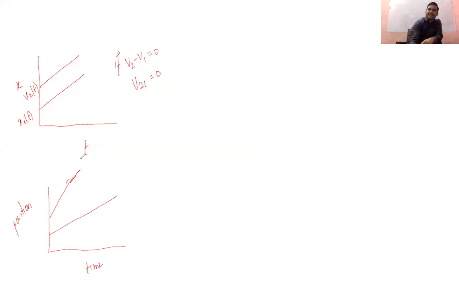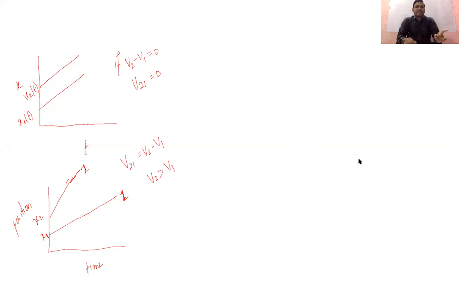If I say this is 2 and this is 1, this was the case of v21, where you write v2 minus v1, and v2 was greater than v1 in this case. This is the position x2 and this is the position x1, in the position-time graph.